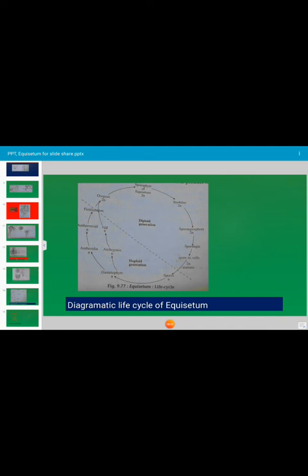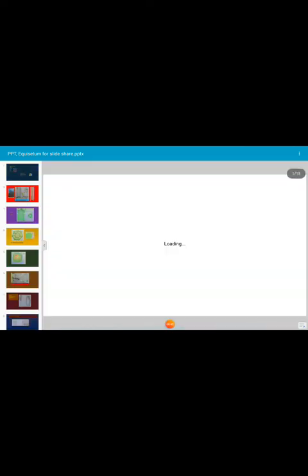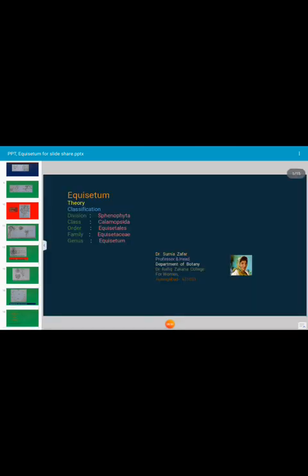Each strobilus shows sporangiophores arranged on a central axis. Each sporangiophore is capital T-shaped, differentiated into short stalk and peltate disc. Underside of that disc, sporangia are produced.